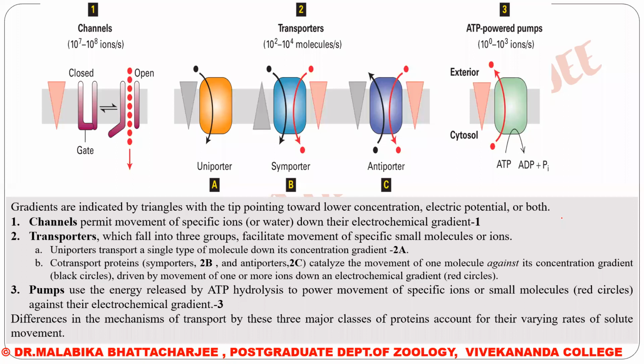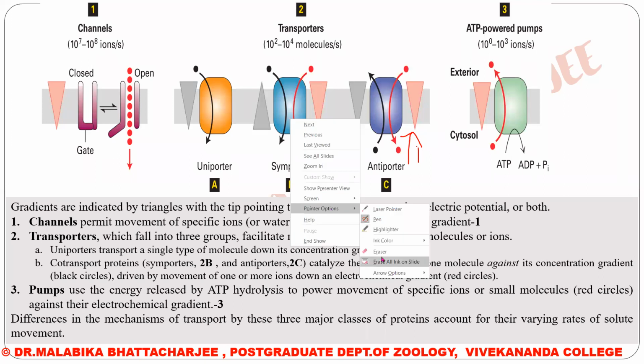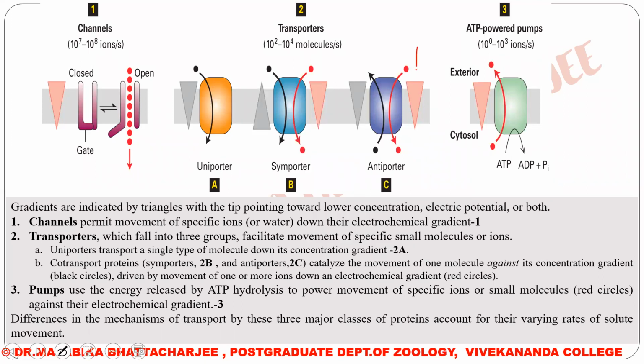We have a higher concentration of the red molecule on the outside, plus. Now, the red molecule is moving along the concentration gradient. We have a lower concentration of the red molecule on the inside, minus.